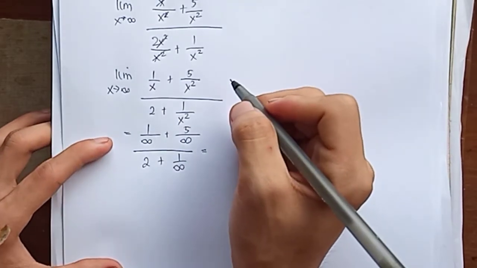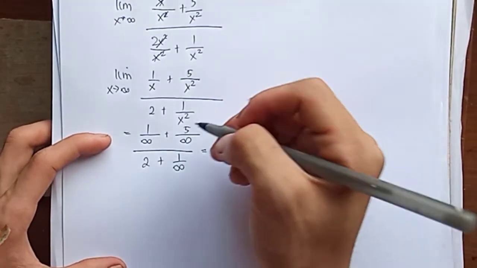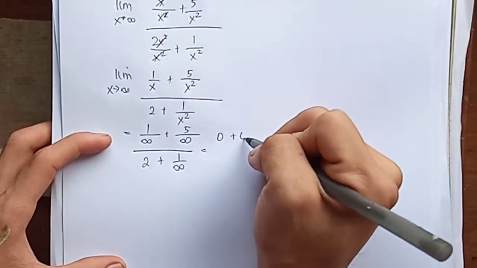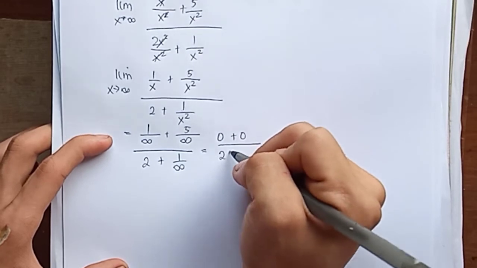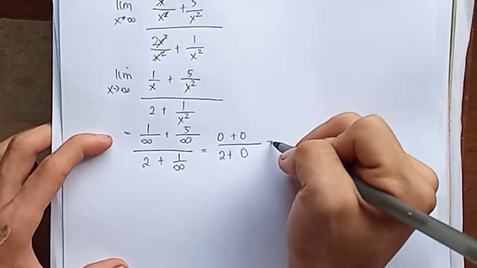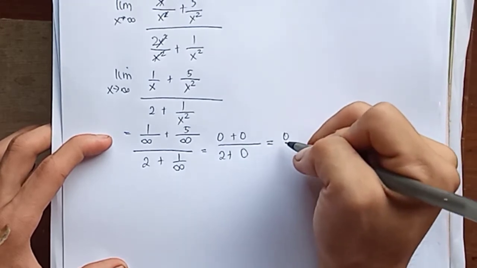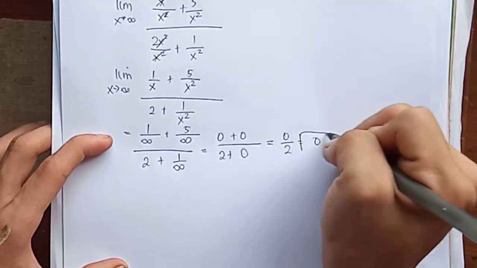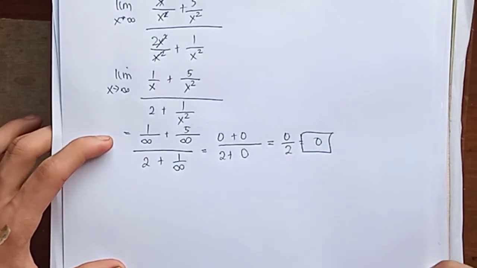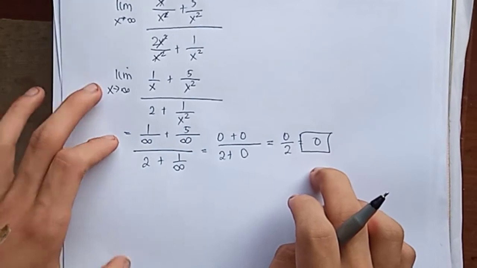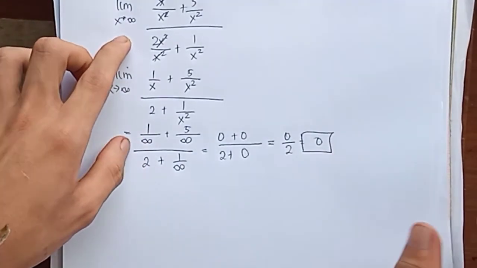Lahat ng may infinity, nagiging 0. So, that is 0 plus 0 is 0 over 2, that is equal to 0. So, yun yung kanyang limit. The limit of this function as x approaches positive infinity is 0.